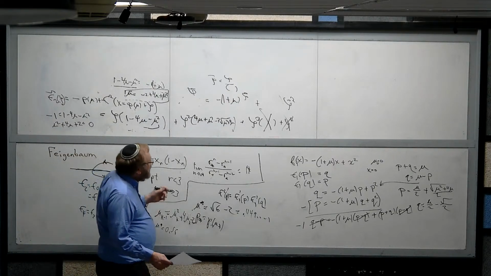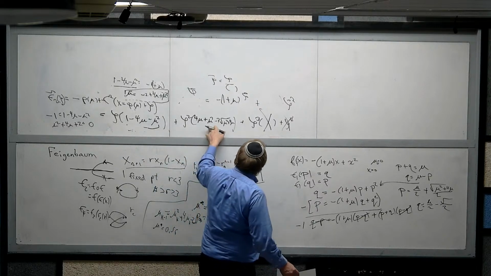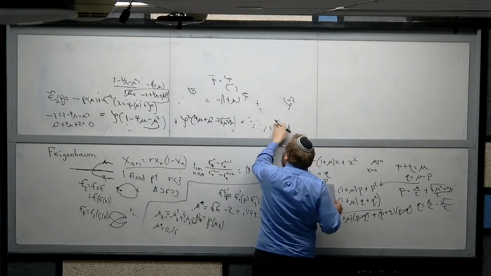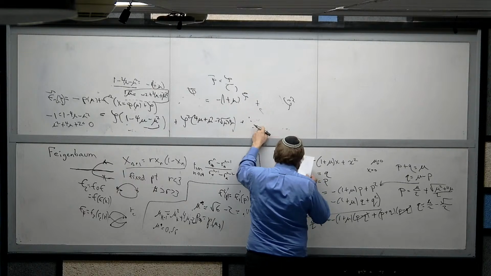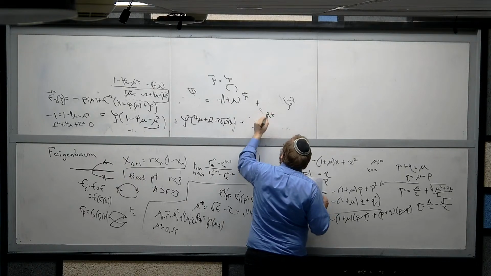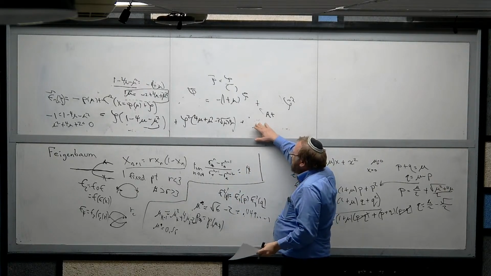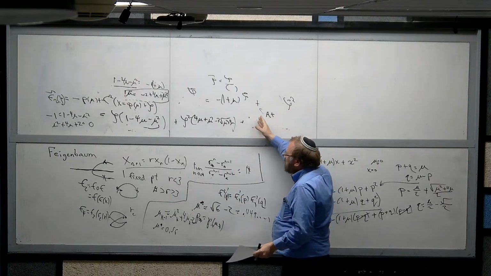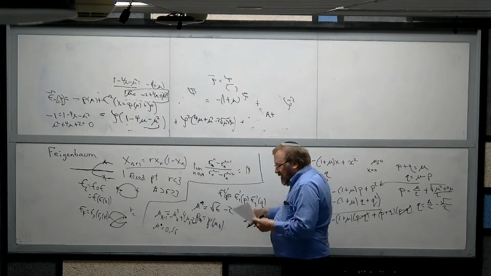I found, okay, so this is exact up to here, but when you don't throw out this stuff, the problem is you can't compute, in general, these terms. You can only have them numerically.